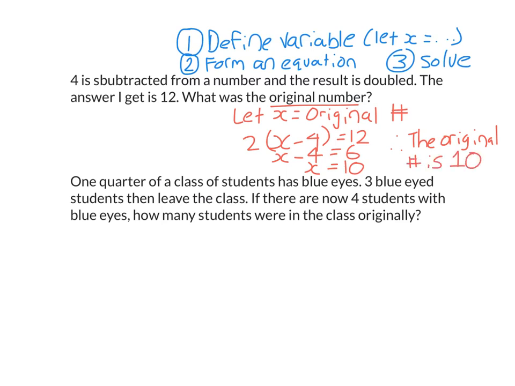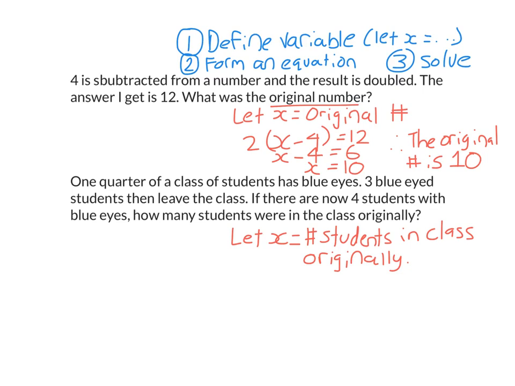So let's look at the second one. 1/4 of a class of students has blue eyes. 3 blue-eyed students then leave the class. There are now 4 students with blue eyes, and we want to find how many students were in the class originally. We're going to follow the same process. So step 1, we're going to let x equal the thing we're trying to find, which is the number of students in the class originally.